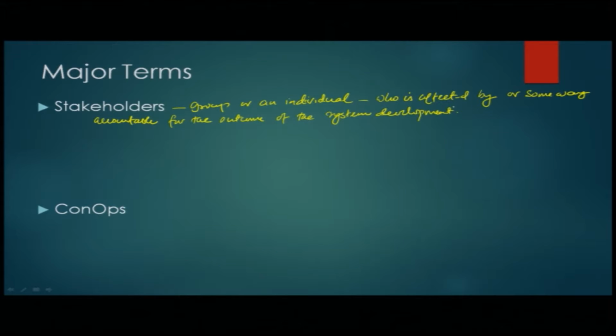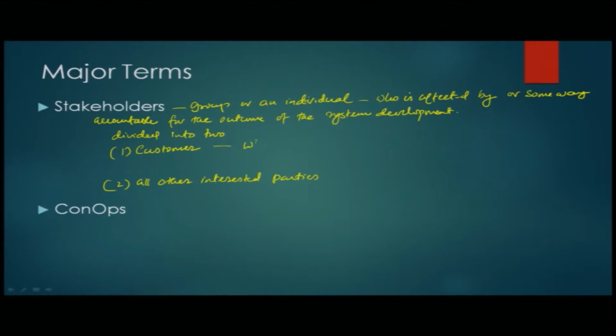Stakeholders are typically divided into two. Number one is the customer, and number two is all other interested parties. Okay. So, who is a customer?